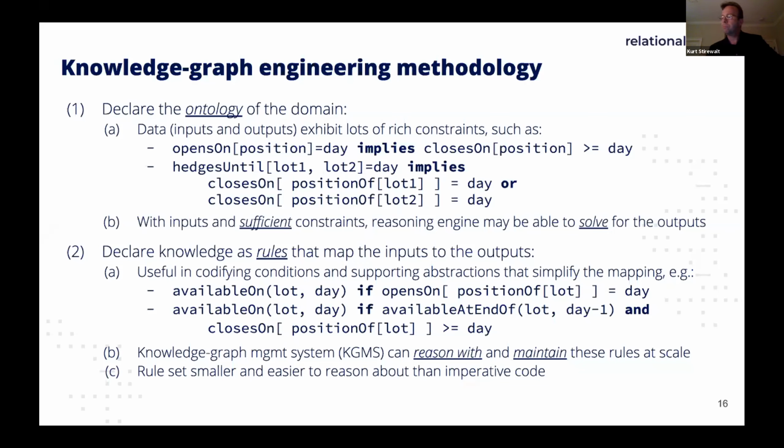Now, we discovered a lot of constraints actually quite quickly once we started talking with business users in this domain, and it didn't take very long to start just kind of ticking off these constraints exactly like you see them here. Sometimes, if you discover enough constraints of a problem, you can actually use a reasoning engine to directly solve for the outputs given a set of inputs without even having to write rules.